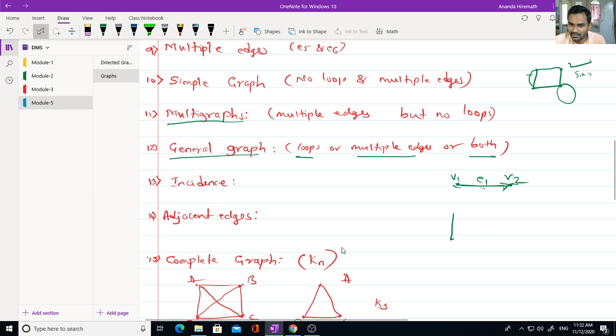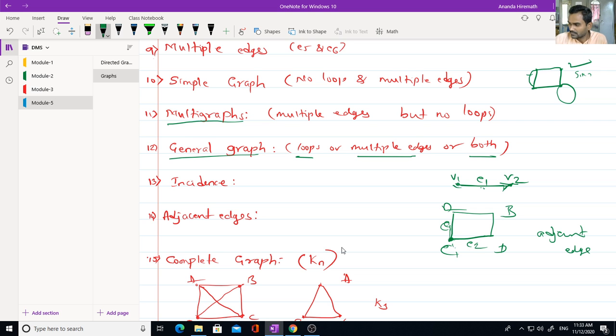Now if I consider this graph, say A, B, C, D. Edges E1 and E2 are adjacent because they are incident on the same or a common vertex. Okay. Now see, this E1 is incident on C, as well as E2 is incident on C. So they both have a common incident vertex. So we call E1 and E2 adjacent edges. And these adjacent edges are not parallel to each other.